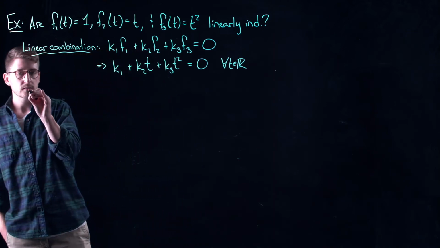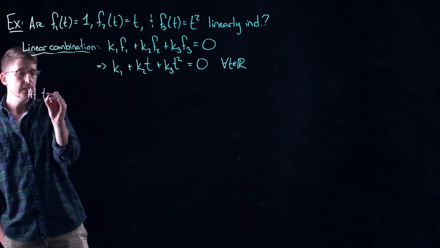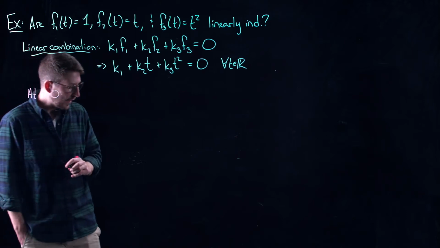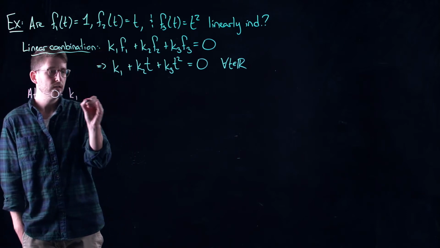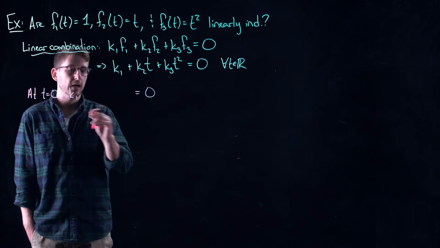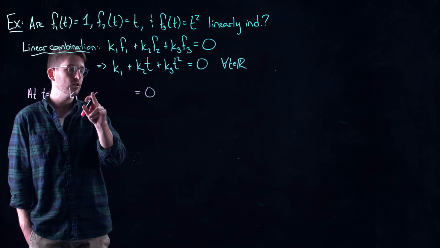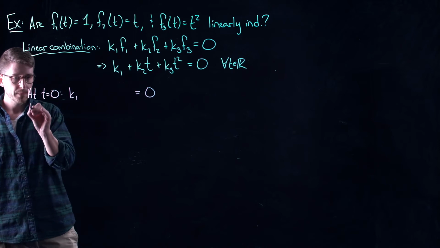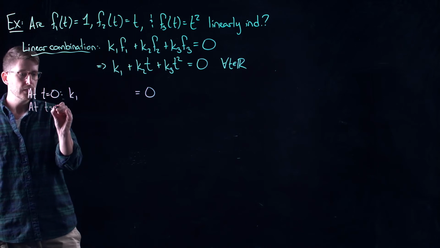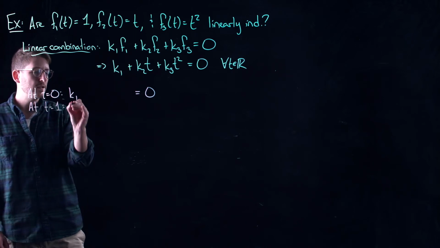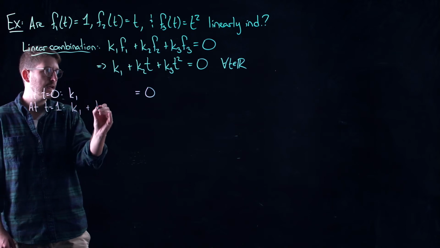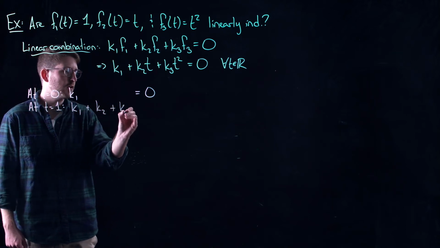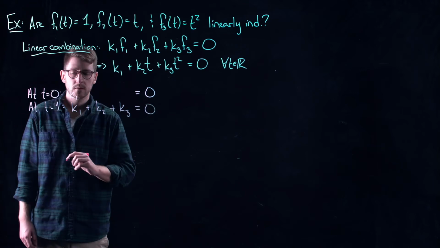So let's look at this. At t equal to 0, this gives me k1 plus 0 k2 plus 0 k3 is equal to 0, so k1 is equal to 0. Similarly, at t equal to 1, this gives me k1 plus k2 plus k3 is equal to 0.